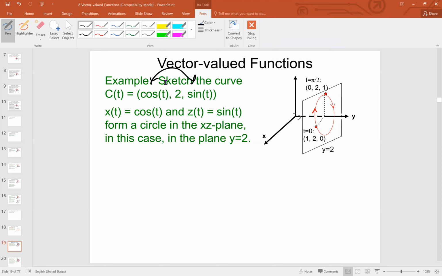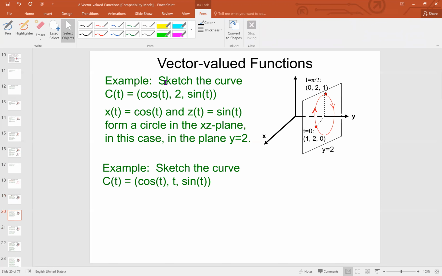Now we're going to move it. Suppose instead of y equal to 2, we let y change with time. In other words, as time goes on, the screen moves outward, but the point is doing the same thing.